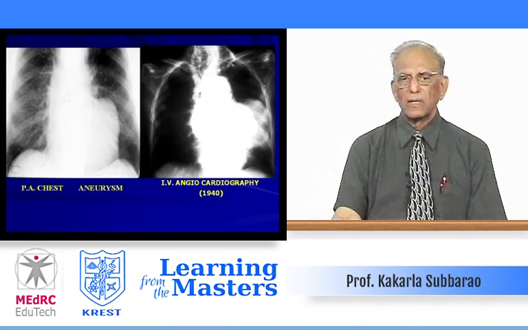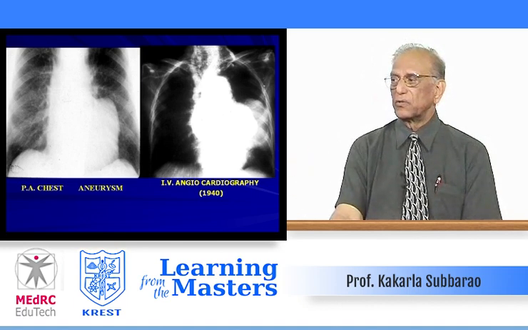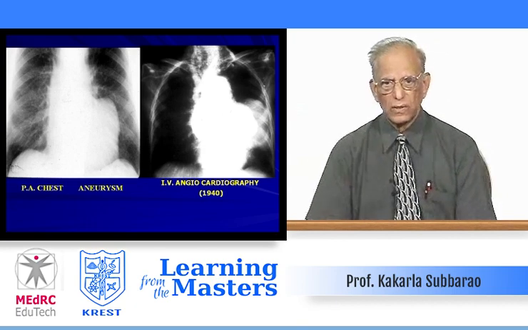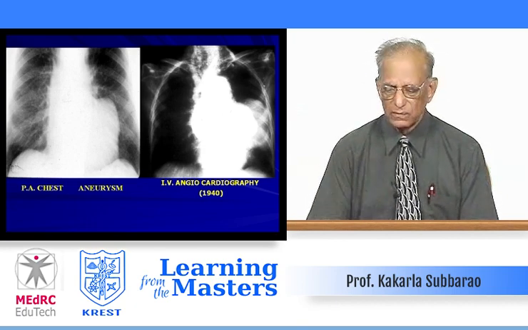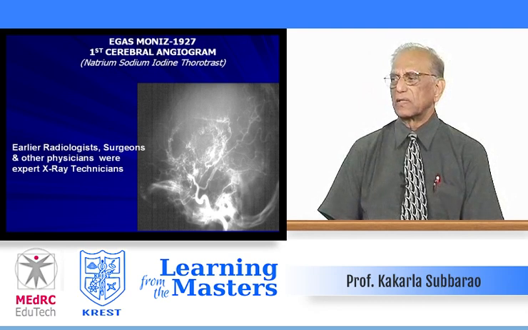Now we come to the heart. Plain films were common to study the heart size, aneurysm of the left ventricle, and then IV angiocardiography in 1940. Lots of IV angiocardiography we used to do, right ventricular, left ventricular. 1927, Egas Moniz, Portugal, first cerebral angiography was done.